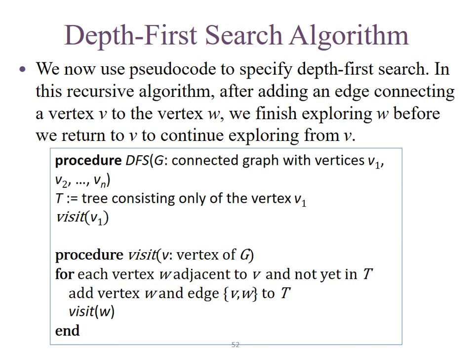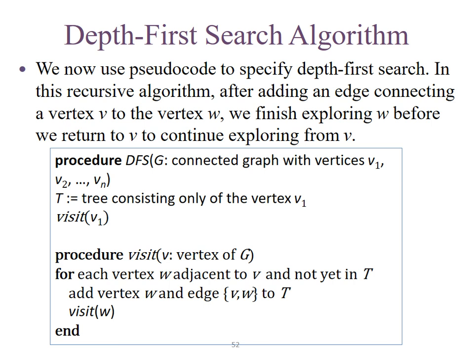Actually, you don't have to start from v1, you can start from any vertex, but in this case, we call the first vertex we visit v1. And then we visit v1, which is another procedure, so we can apply a recursive call to the procedure visit.